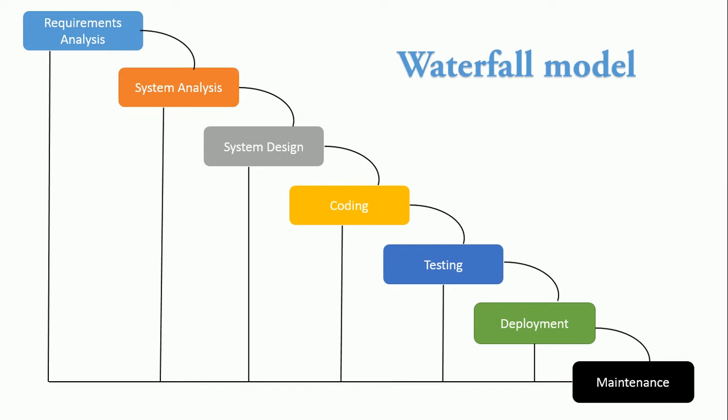Sixth one, you can say deployment, implementation or operation, and seventh one is maintenance. In this session we will talk about all the 7 layers, how they work and how they help us to develop the software. So let's start with the first layer, requirement analysis.